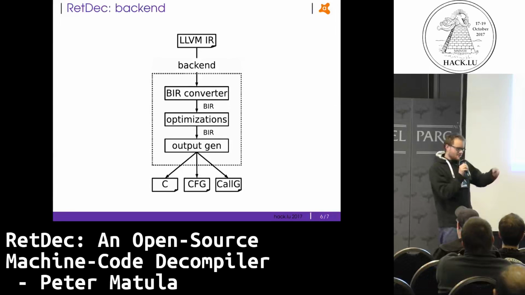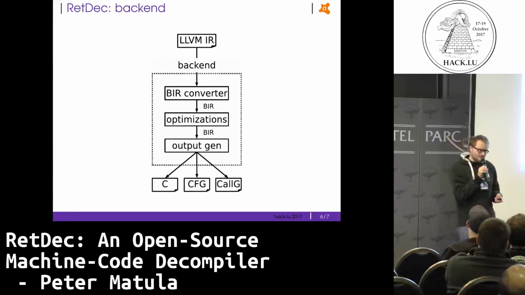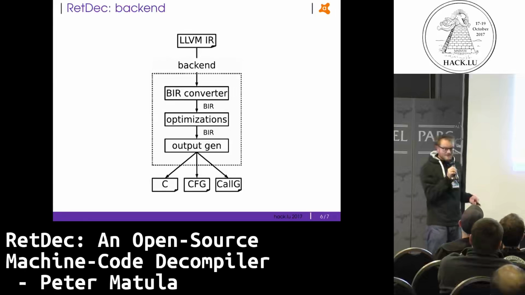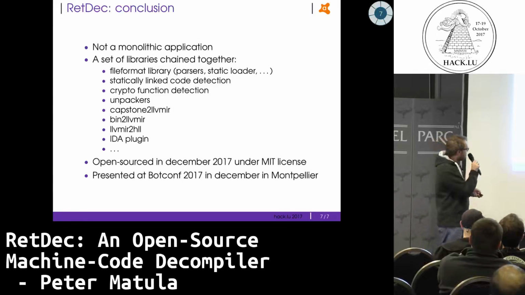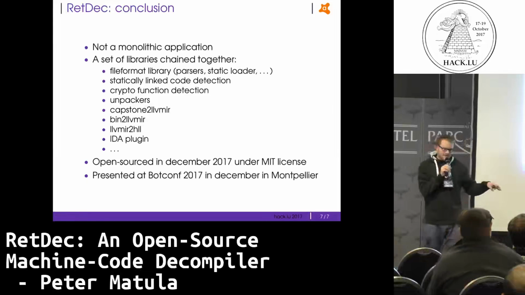And we translate it to some higher representation which can represent control flows like if-then-else, whiles, fors, switches, and stuff like that. Then some more optimizations and then the C. All those little boxes in the picture are libraries.